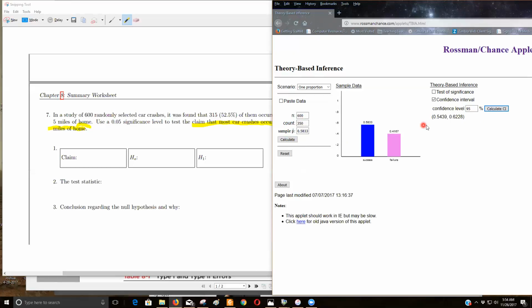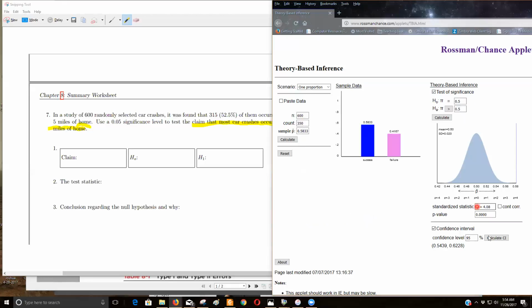Yeah, see how that changed now? If we had 350, or 58%, see how the confidence interval no longer catches 0.5? So we would reject H0 there because it doesn't capture the 50% number. And if we do the test of significance, I'm suspecting the p-value is going to be smaller than 0.05.